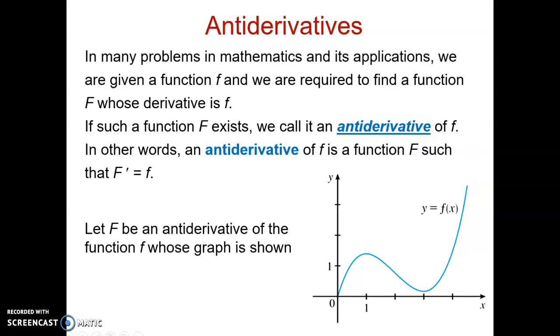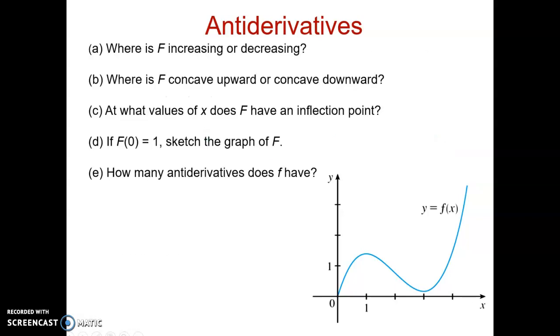Let capital F be the antiderivative of the function whose graph is shown. We can now answer questions about the antiderivative function, or in other words, the function that this function we're looking at is the derivative of. Where is capital F increasing?